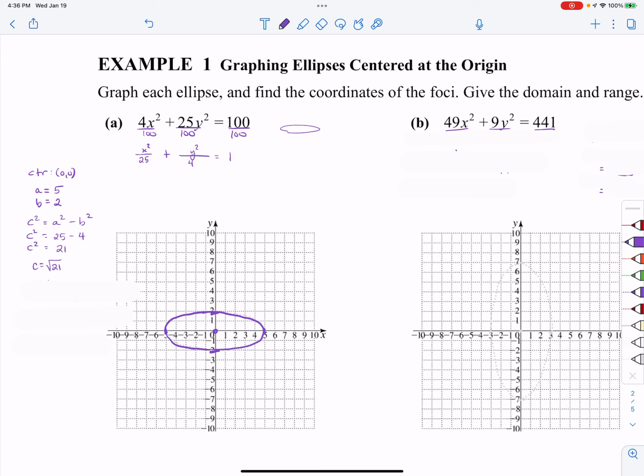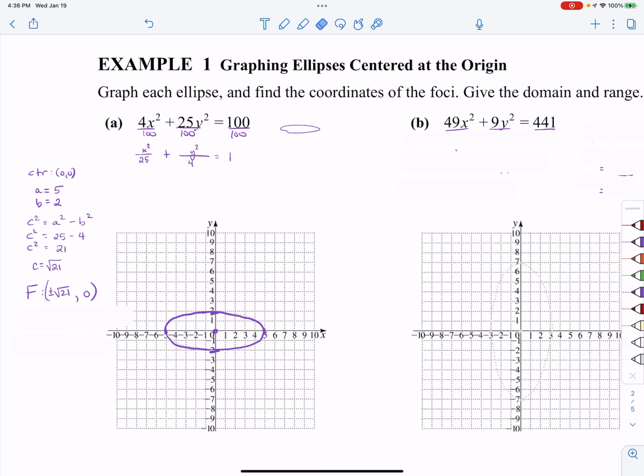The focus is going to be on the major axis, so my focus is going to be found to the right and to the left. And so remember, this is going to be c away from the center. So then my 2 focus points are going to be at positive or negative square root of 21, comma 0. So root 21, 0 and negative root 21, 0.